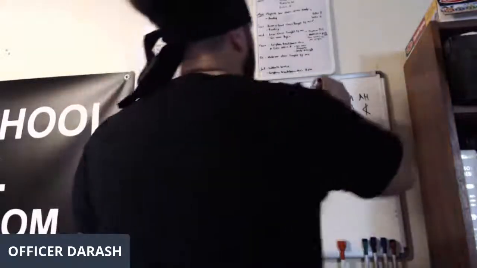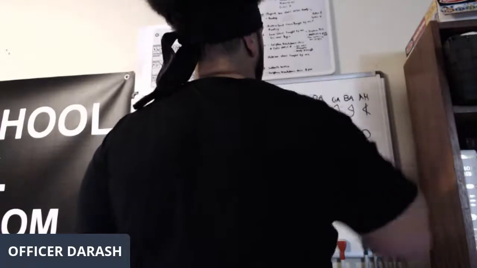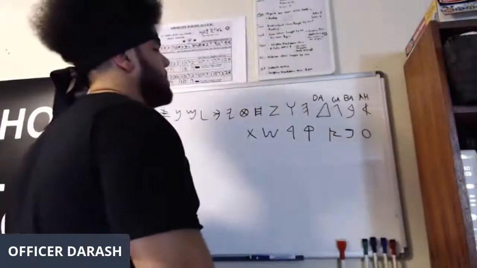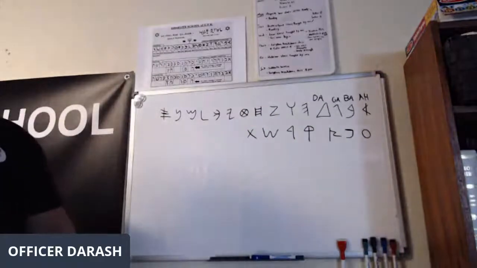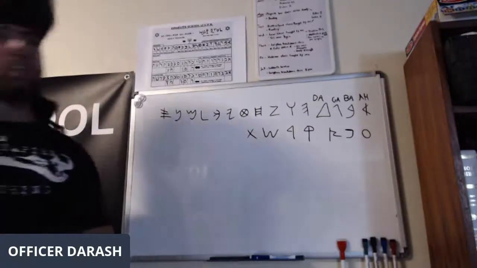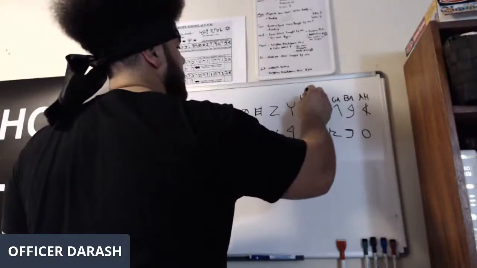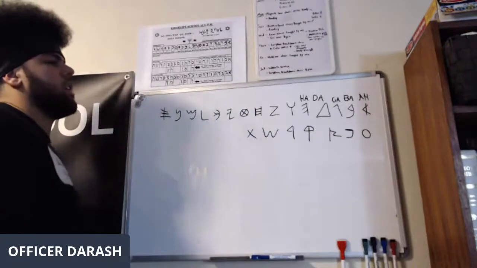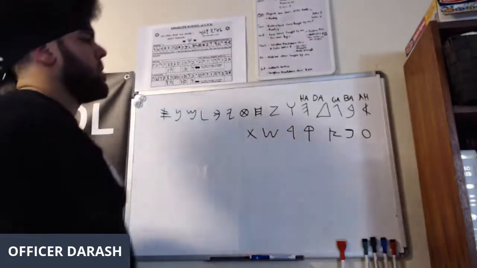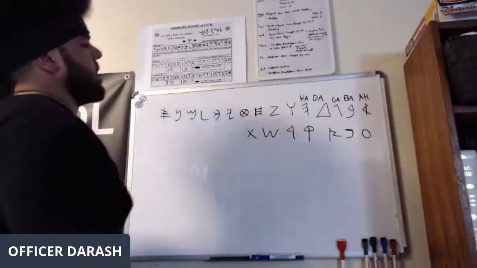You got dalat, that makes the da sound. Next is hada, which makes the ha sound. See this character using the Most High's name and his son Yahushai.